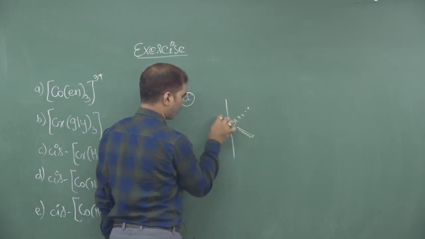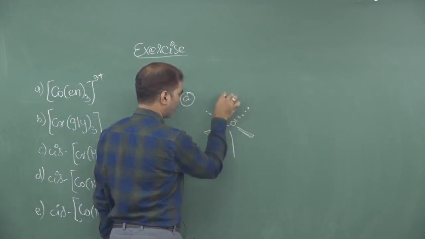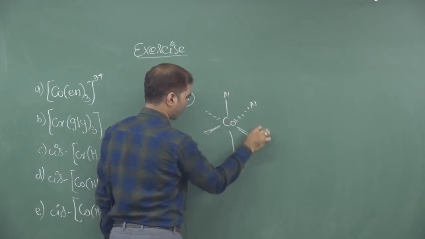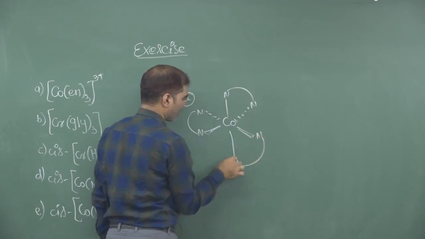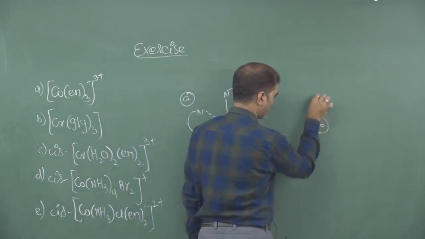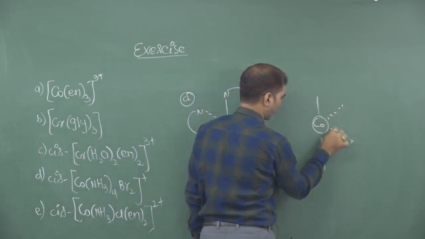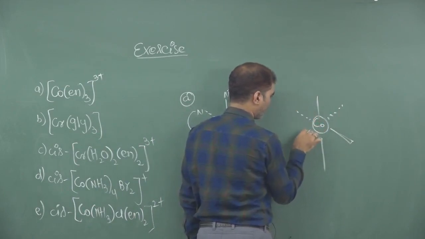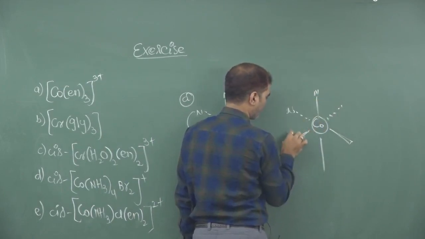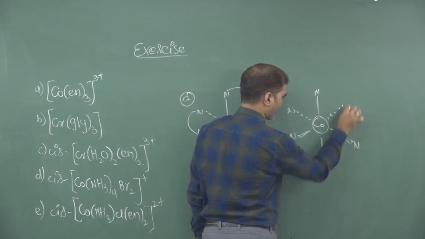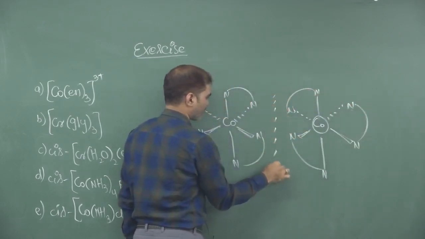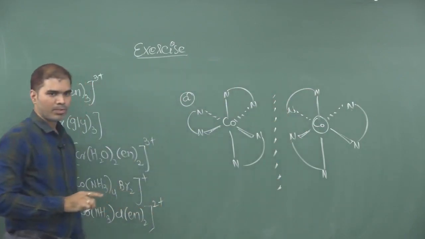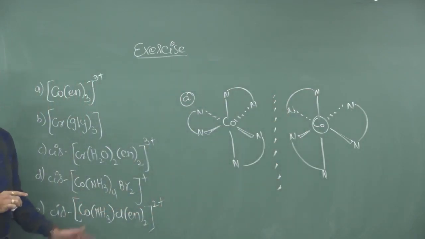Parallelly, you also draw these structures. A also, because it is a very important molecule. Last class also we have discussed it. These two are non-superimposable mirror images, therefore they are enantiomers.